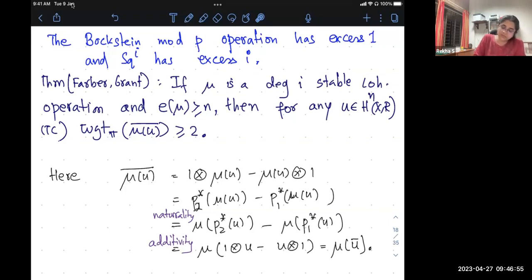So what is this element? Basically, whenever we write the bar, the notation is that we are taking the primitive element. So it's 1 tensor mu u minus mu u tensor 1. This is an element of H star of X cross X. And this always is the same as if we took 1 tensor u minus u tensor 1 and applied mu to it.